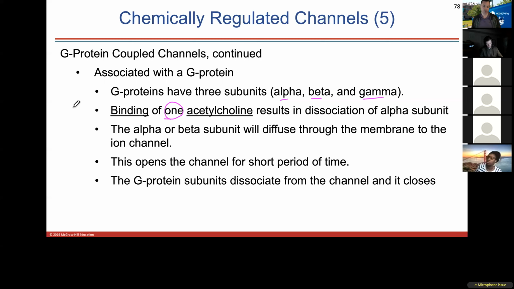So depending upon which one breaks off, you get the various different actions that we see with muscarinic. Because remember, 1 through 5, right? We had ones that turned on, and we had ones that turned things off, ones that stimulated and ones that inhibited. And the reason why, it depends on which subunit diffuses.